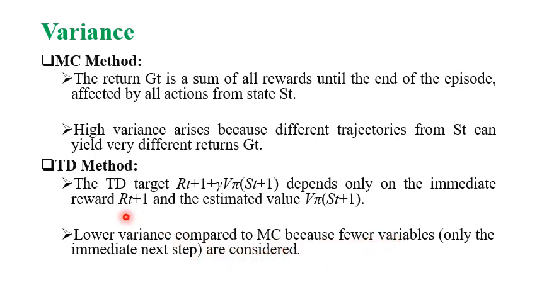So to summarize, Monte Carlo has a high variance due to the high number of parameters involved in computing the return. For different trajectories we have different returns, and the TD method also has variance but a lower variance because it just depends on the reward and estimated value.